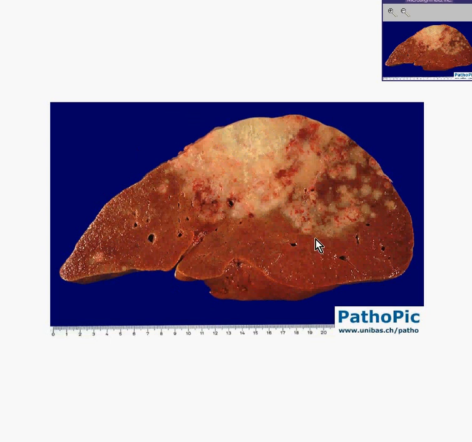And sure, there are multiple satellite foci, but even from looking at this grossly, you might say, hey, this doesn't look like the average adenocarcinoma that has nodules all over the liver. It looks like it might have been an adenocarcinoma that started in the liver. And any adenocarcinoma that starts in the liver has to start from the bile ducts because the bile ducts are the only normal glandular structures in the liver. This is a primary cholangiocarcinoma of the liver, and thank you very much.